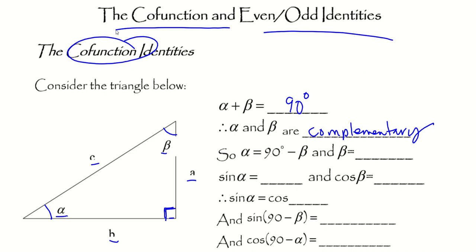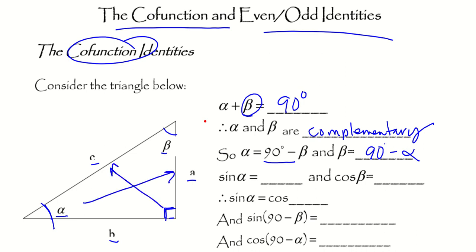So if alpha plus beta equals 90, then I could solve this for alpha, and alpha would equal 90 minus beta. And if I solve this for beta, then beta would equal 90 degrees minus alpha. The other thing we know is that from a right triangle, we can find the sine of alpha by taking its opposite side and dividing it by the hypotenuse.